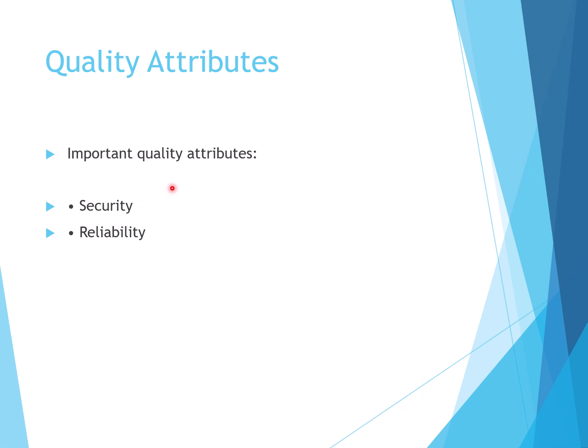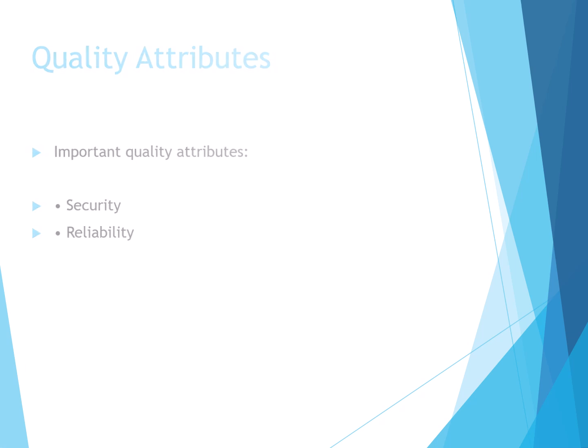For this system, two very important quality attributes are security and reliability. What are the two main important quality attributes here? Security and reliability. Without these, the system cannot be trusted. Now let us explain these two terms individually.